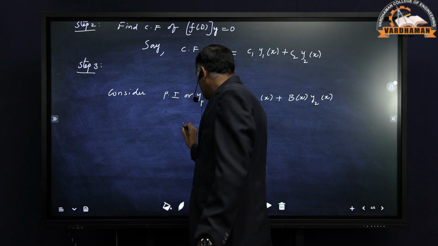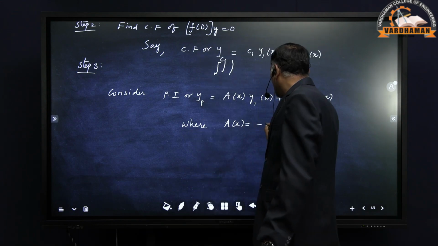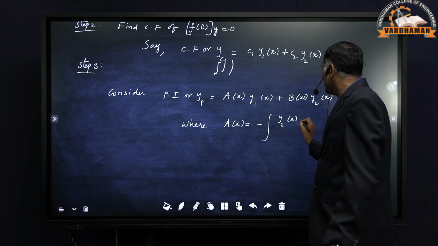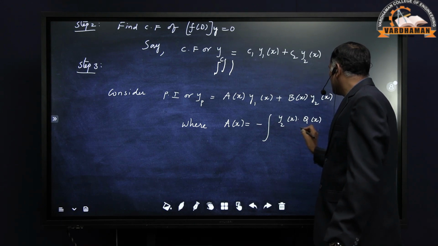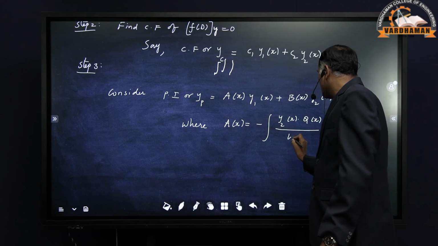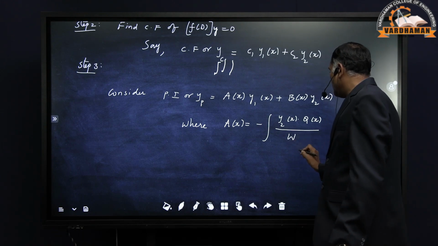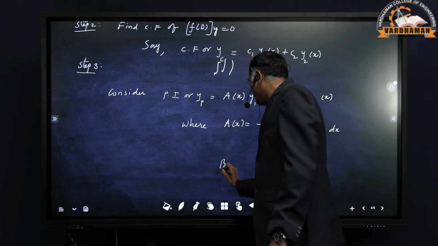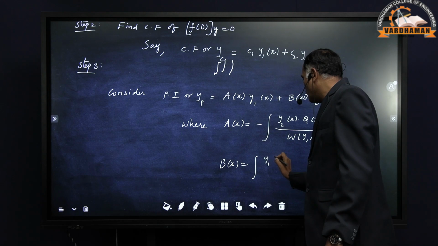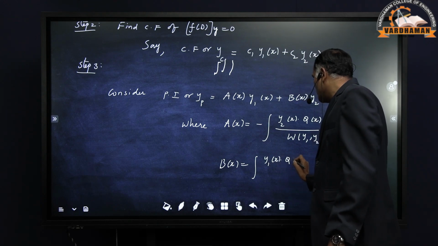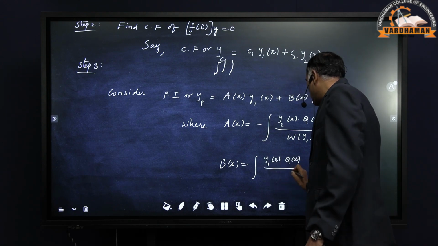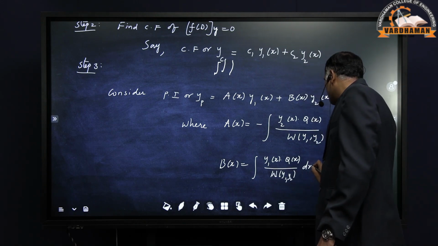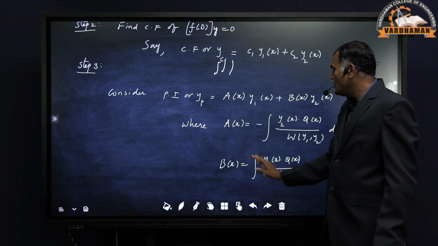Now here a is given by minus integral of y2 into q by W dx, and b is given by integral of y1 into q by W dx.